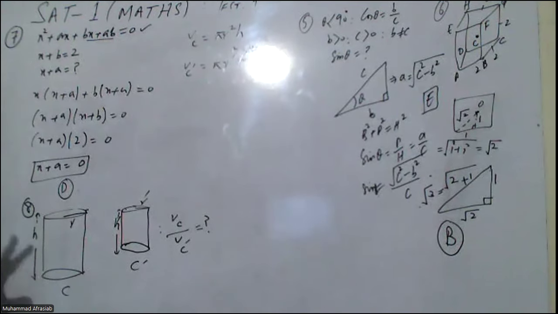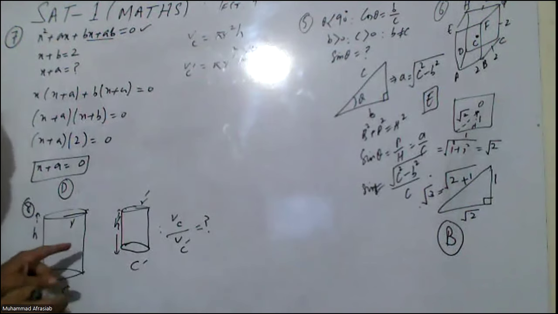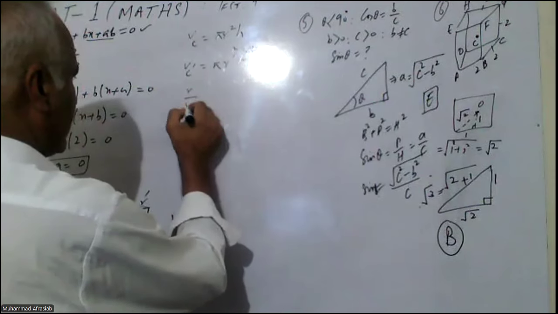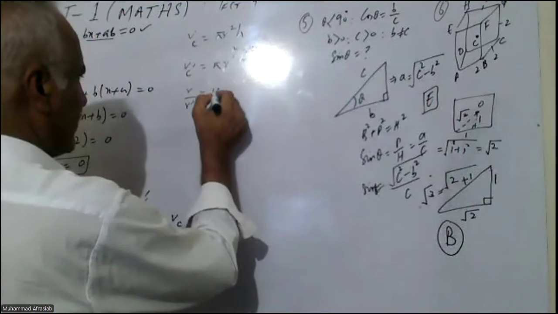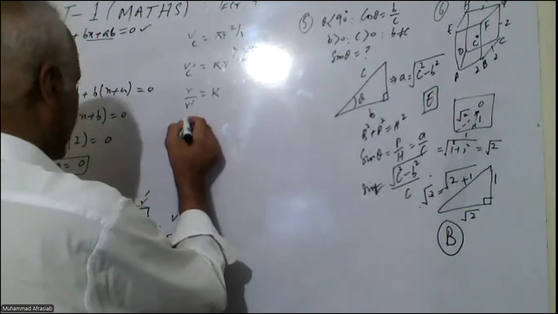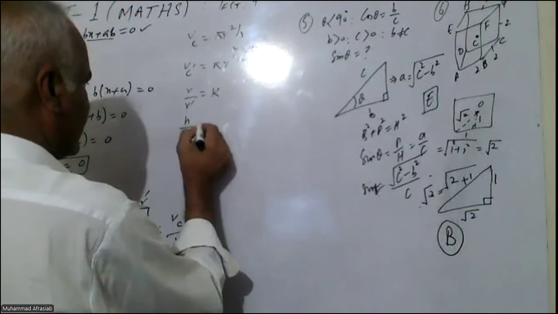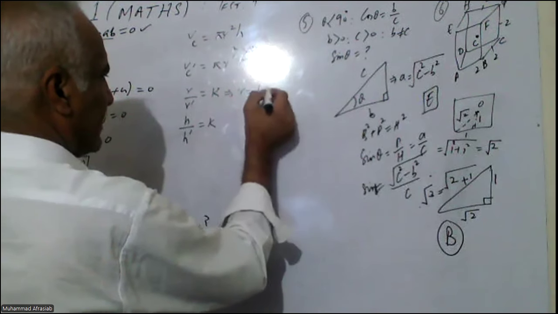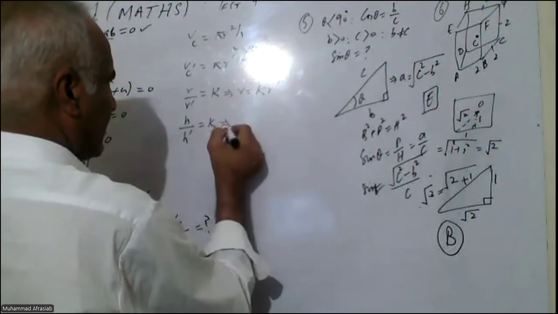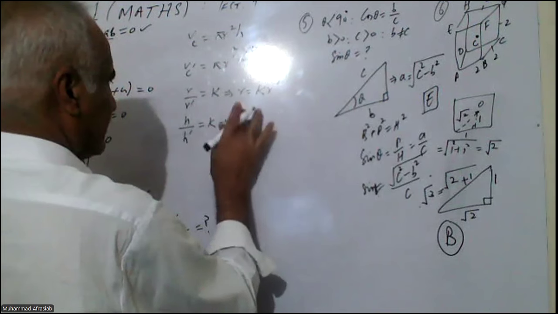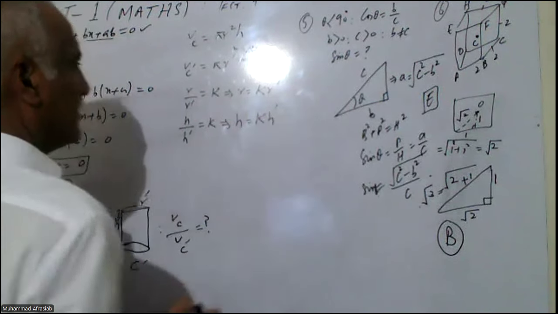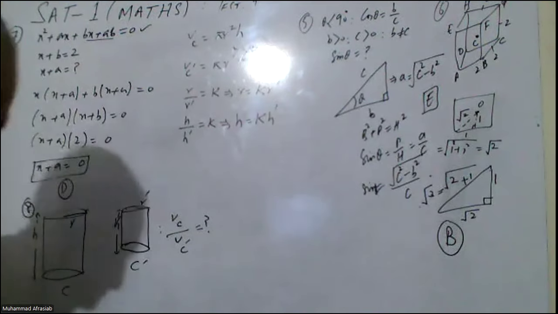Since these two figures are similar, we have been given that R over R dash is equal to K and H over H dash is equal to K. So this implies that R is equal to K times R dash and H is equal to K times H dash.